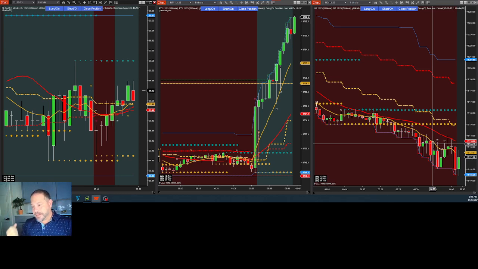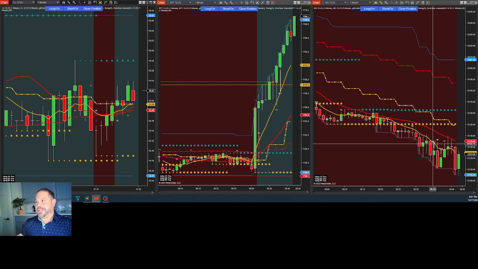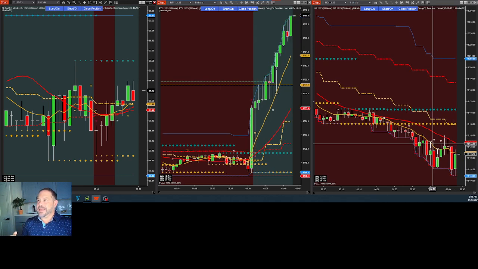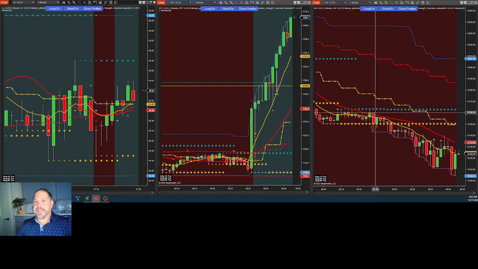If you get a bigger pullback into a red line EMA, usually you'll see a much bigger move. And the system does follow his strategy really well, which is something that I didn't think was going to happen so soon. I thought he would probably have to do a few versions of this, and I'm sure he will.